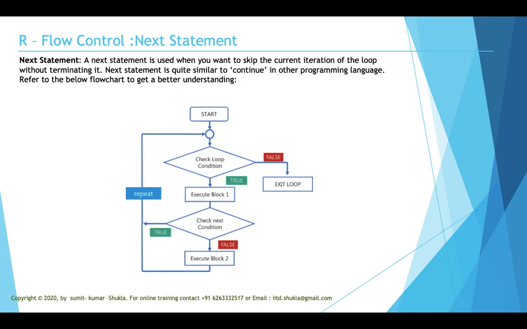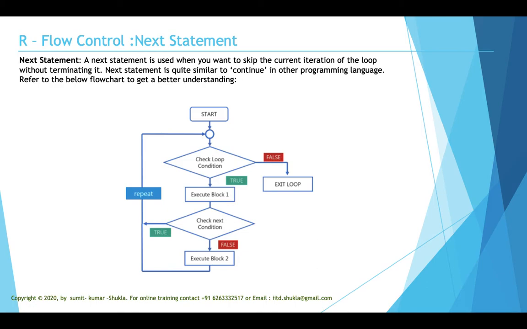You go first to the start. What happens is, first of all, it will enter the loop where it checks the condition. If the condition is false, it directly exits the loop. If the condition is true, it will execute the block 1 statement, and after that it will check for the next statement.